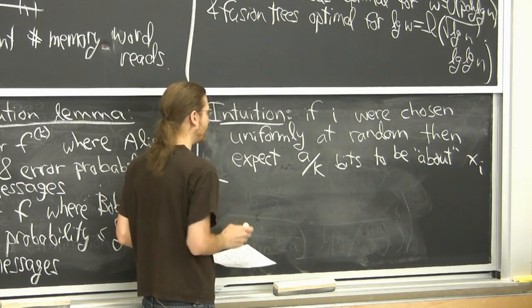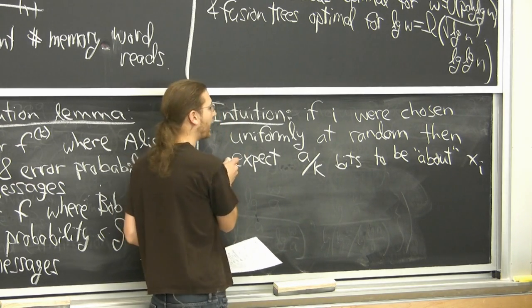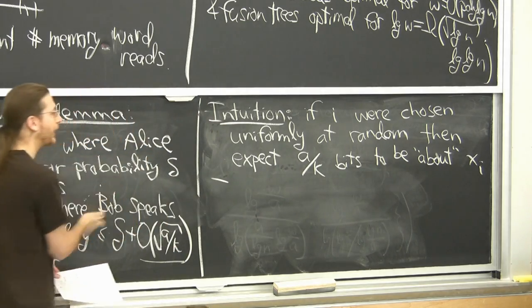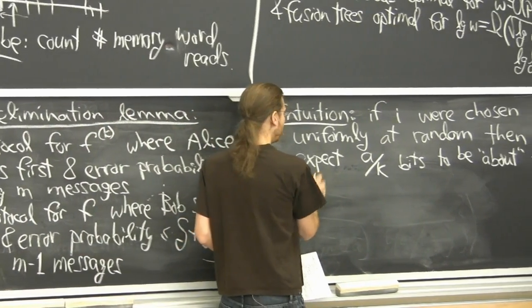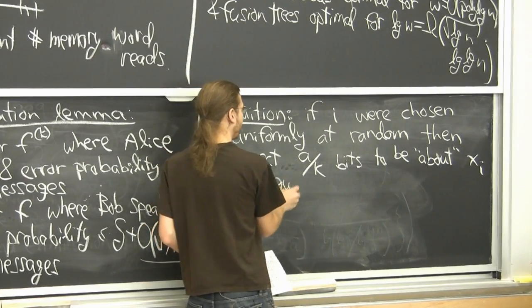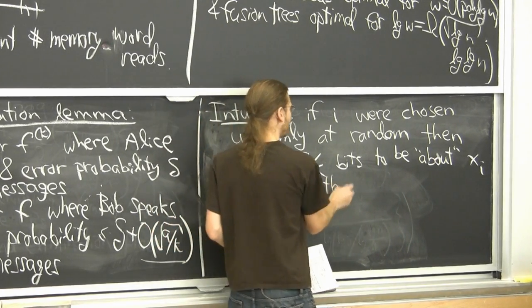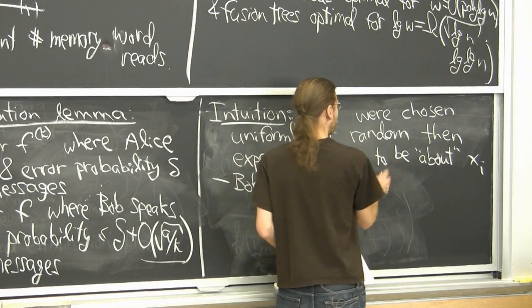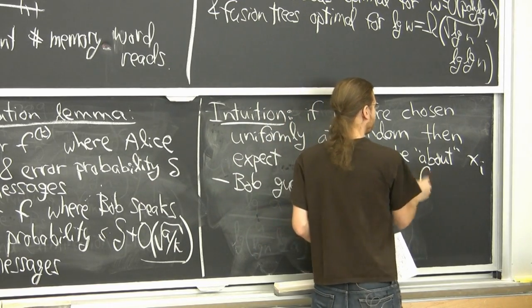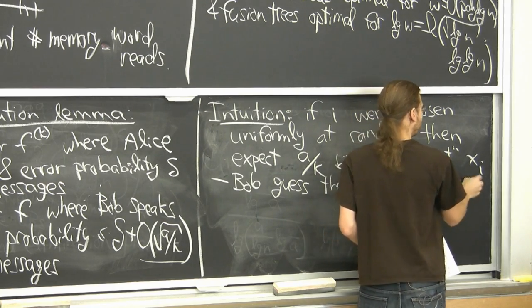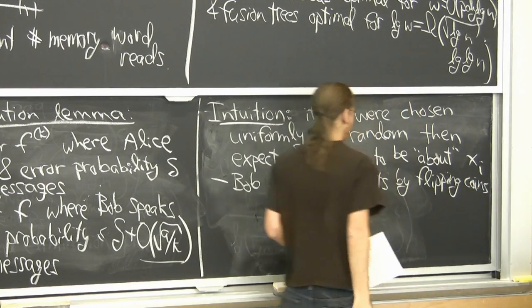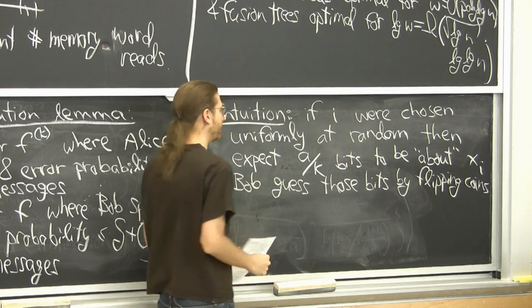So here's the idea. We want to remove that message, so Alice can't communicate those a over k bits. So what's Bob going to do? Bob is going to guess them, by flipping coins. So guess them uniformly, randomly. A over k bits.